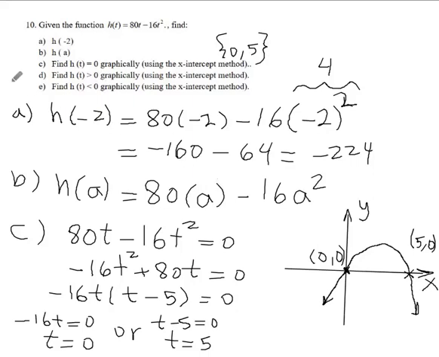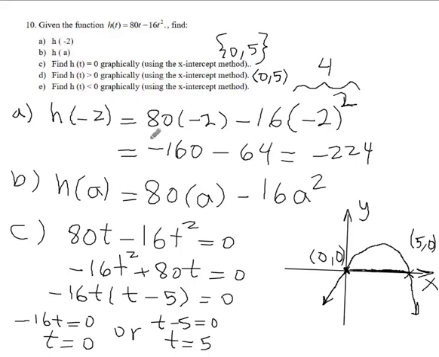For part D, when the function is greater than 0, then it would be all the values from 0 to 5, writing this in interval notation. So all these values between 0 and 5.